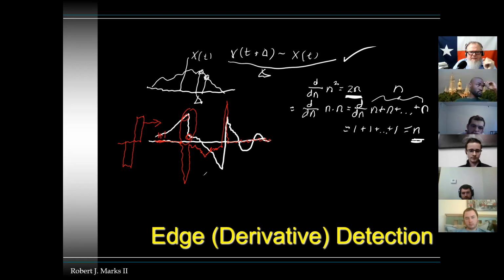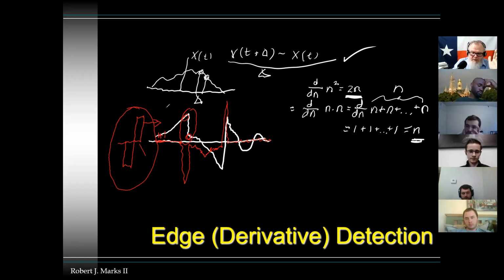So we see that the derivative can be approximated in an edge detection sort of way by this positive value minus the negative value, right? And that can be done by a sliding window. So this would be a good way to detect edges or abrupt discontinuities in one-dimensional functions.